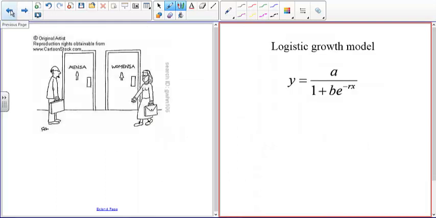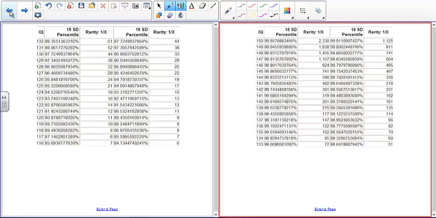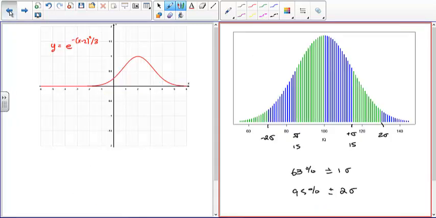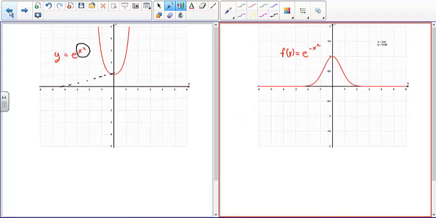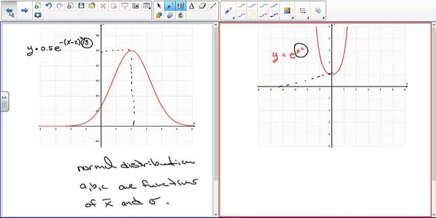Okay, so what we've done, we've looked at exponential growth, population, savings account, exponential decay, cooling, radioactive decay. We've got this normal distribution, which, what they call it, forgot the name, Gauss.